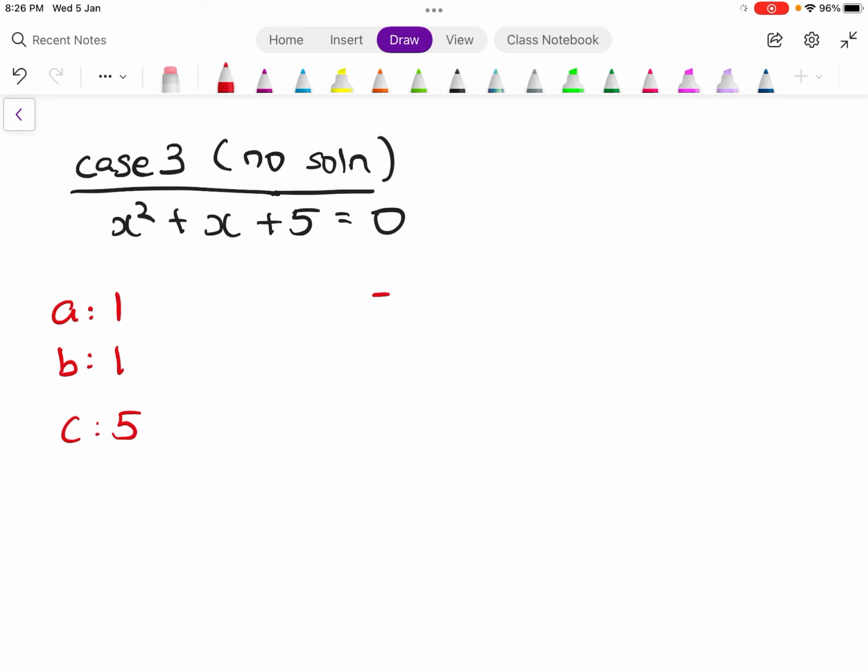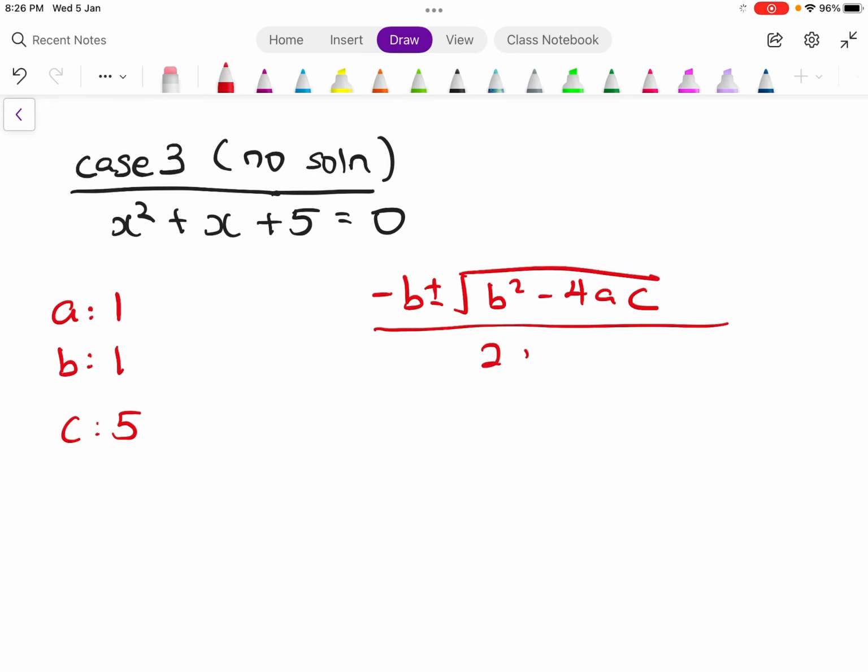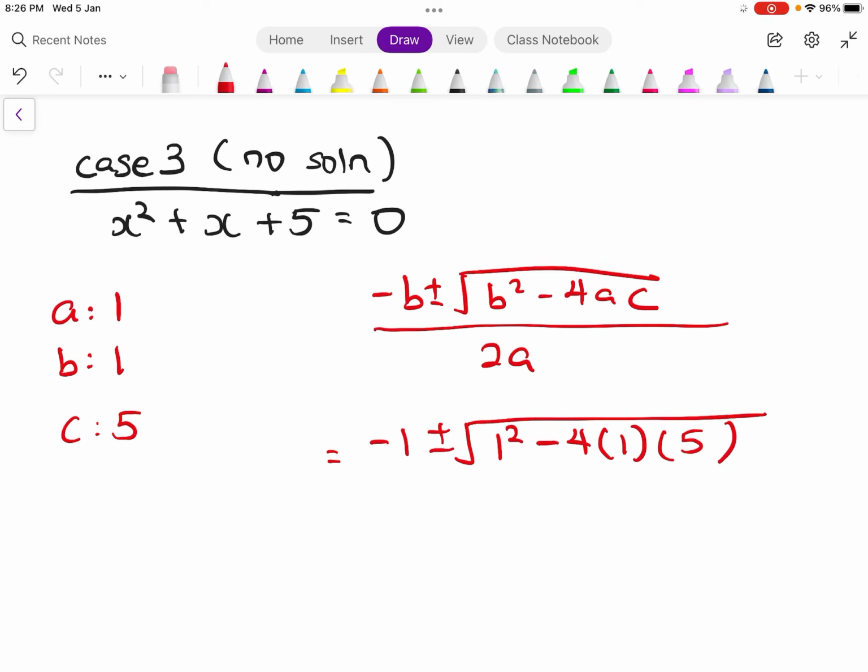Okay, so let's put down negative B plus minus square root B square minus 4AC over 2A. So negative B is negative 1 plus minus, so B square, you just put 1 square minus 4A, and let's put a 5 here. Then divide by 2 times 1.